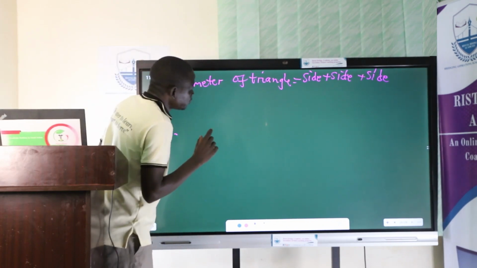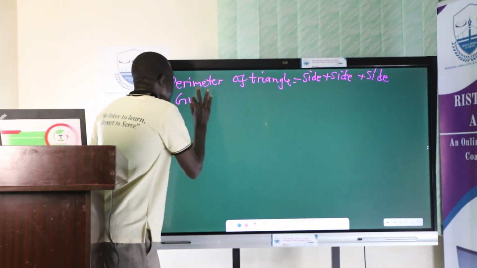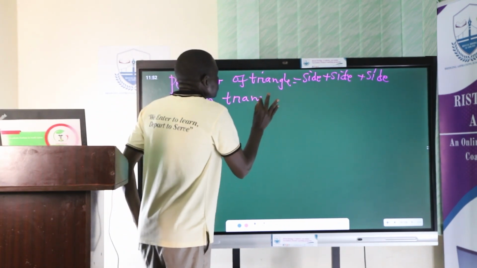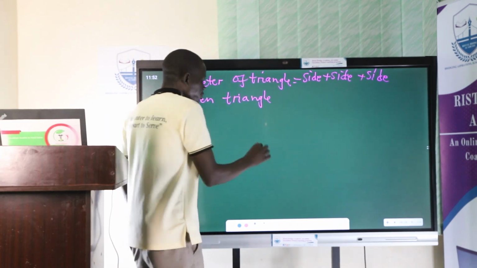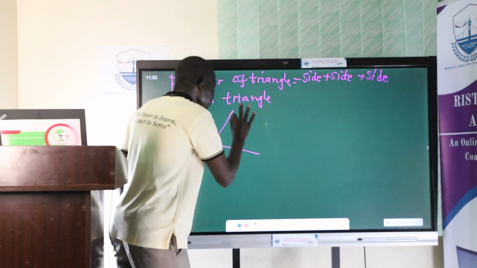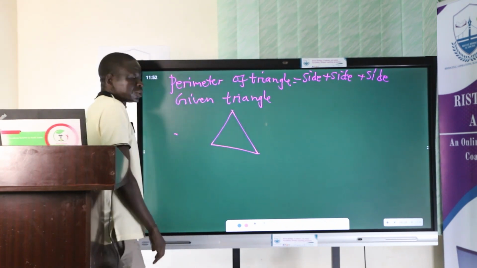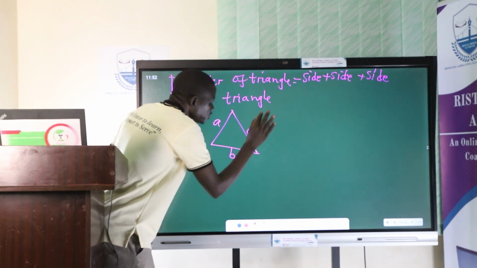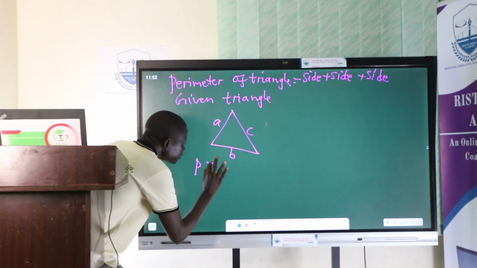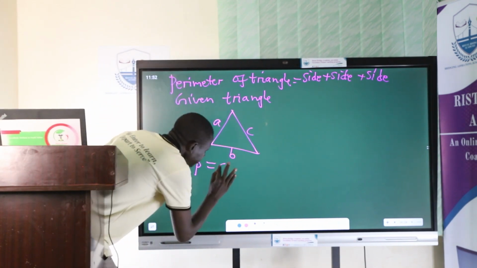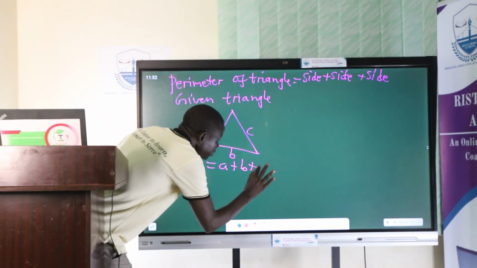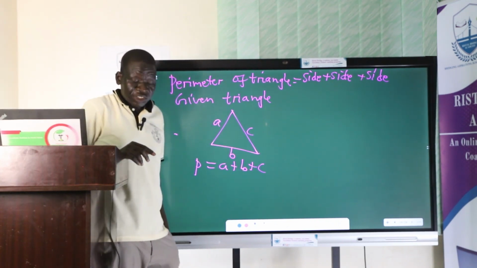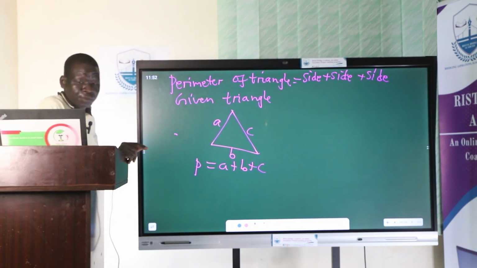So, given a triangle of this shape, assuming we have this triangle, if this side is A, this is B, and then this is C, then perimeter will be equal to A plus B plus C, where A, B, and C are the sides of the triangle.